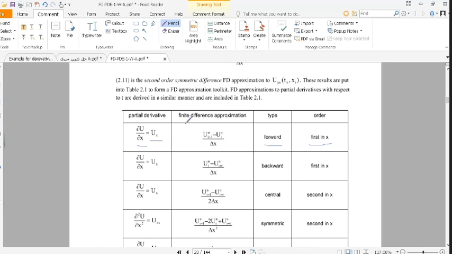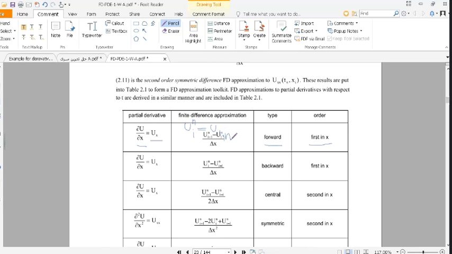Everybody, u i n and u i, n, you can write both ways. Both of them are the same. You can write i as a subscript and n as a superscript, and also you can write u i and n.